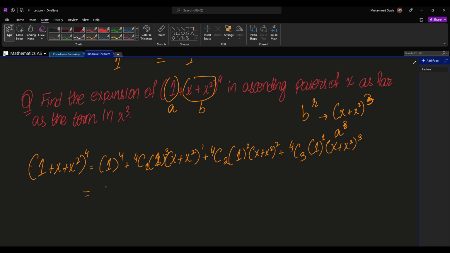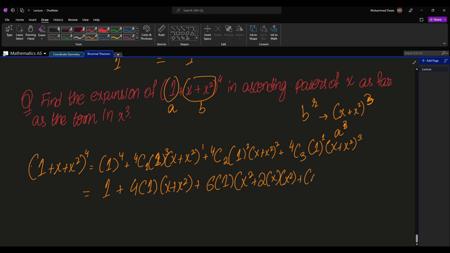All right, now this becomes 1 plus 4 into 1 into (x + x²) plus 4C2, which is 6, into 1 into, if we expand this, x² plus 2 into x³ plus (x²)², right? See, if I take x² squared, I will get x⁴. Therefore, I do not need to write this, so I can just eliminate this from here to save our time and space. I can just put in dots in its place.